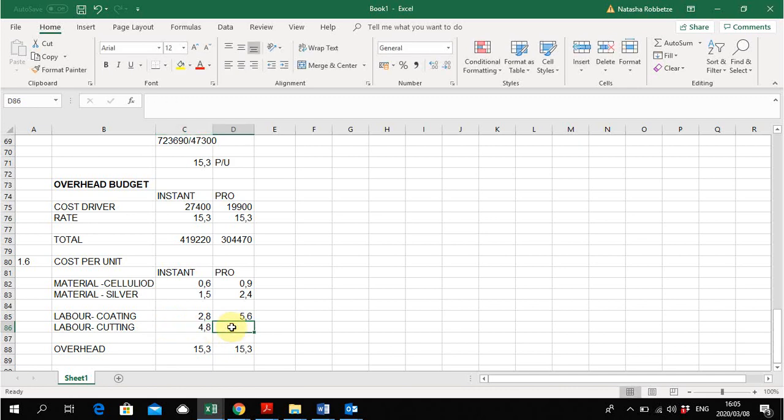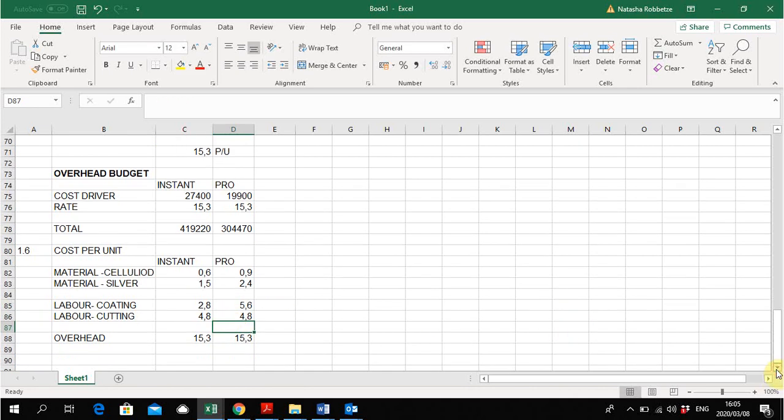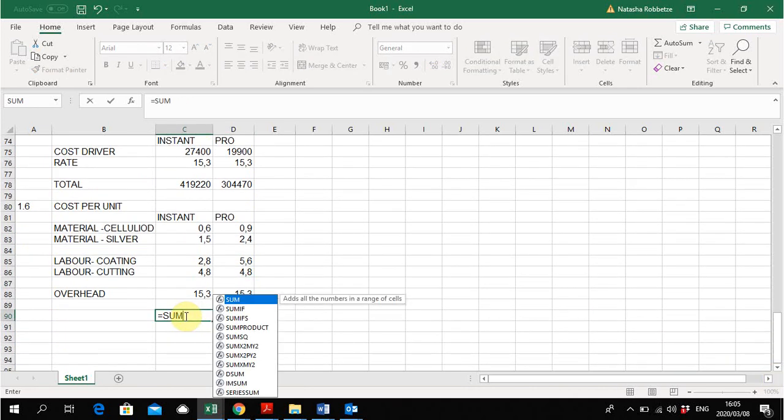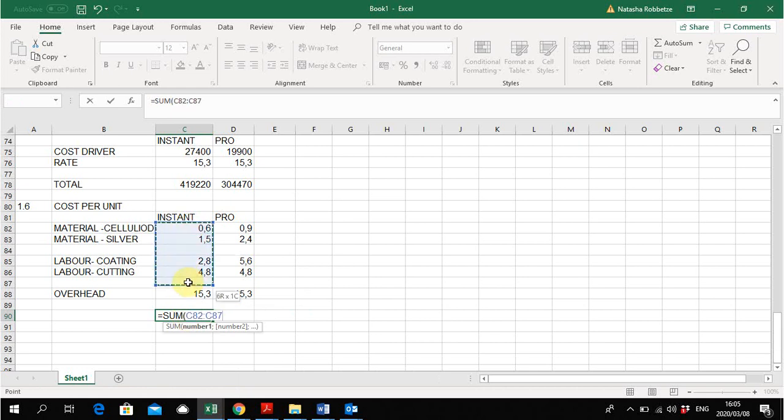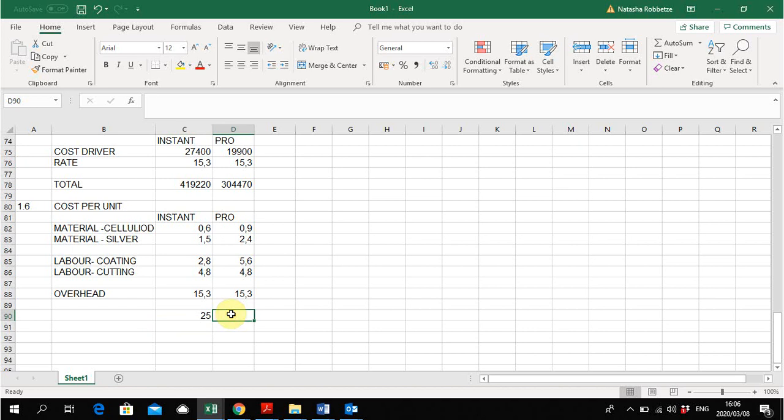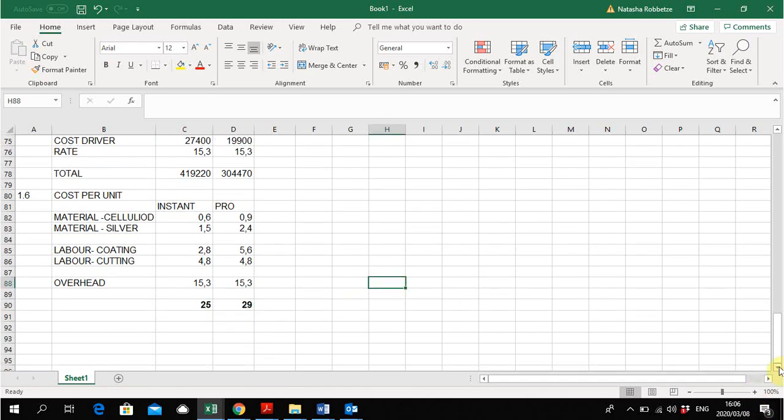And then there's also 18 minutes divided by 60 at a rate of 16 Rand. I will now get to the sum of everything so that I know what the cost per unit is. Right, wonderful. So the cost per unit for the Instant Image is 25 Rand. For the Pro Image, it's 29 Rand.